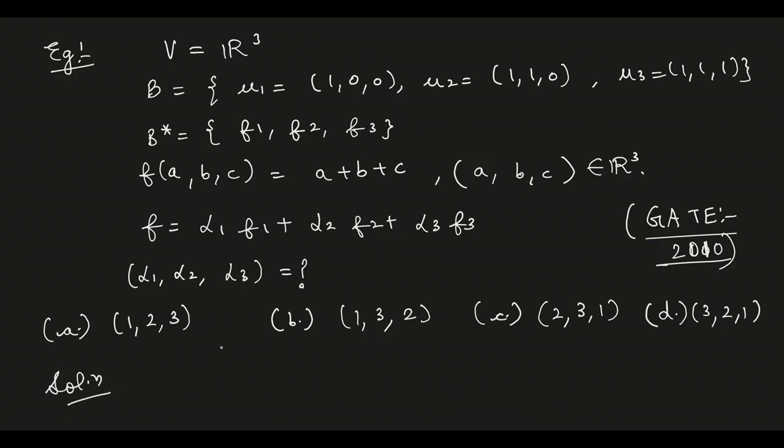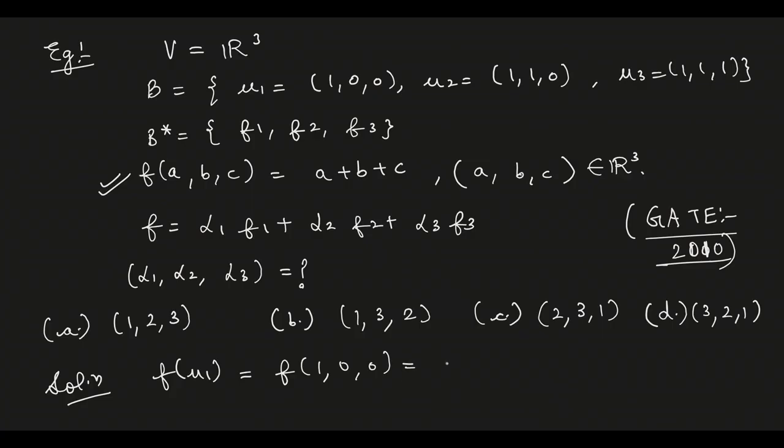So firstly, f(u1). Simply you need to put these basis elements in this given functional. So f(u1) means f(1,0,0), so a plus b plus c.